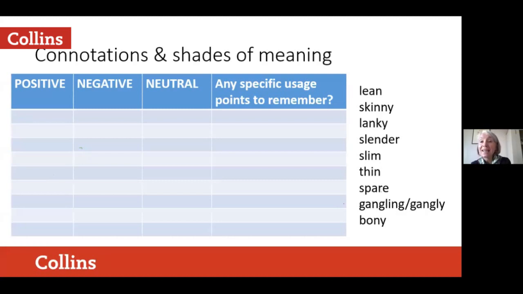Gangling and gangly is another word that we use. It's not really negative, it's not neutral, it's sort of positive, but we tend to use gangling about children when they go through adolescence and their legs and arms get very long, but the rest of their body doesn't fill out.